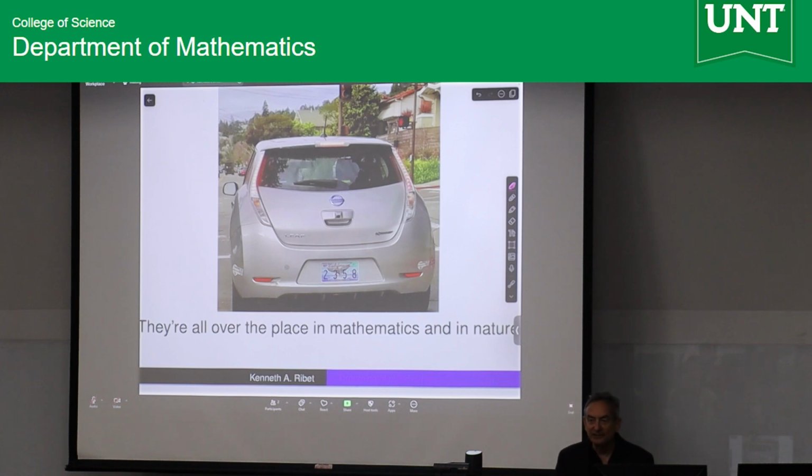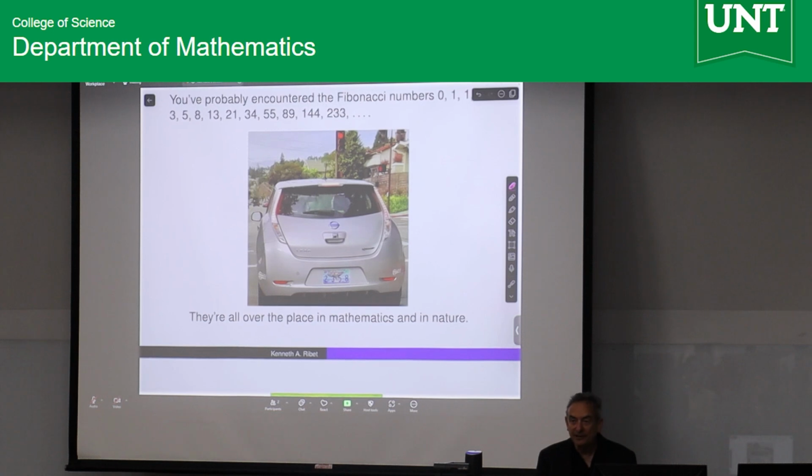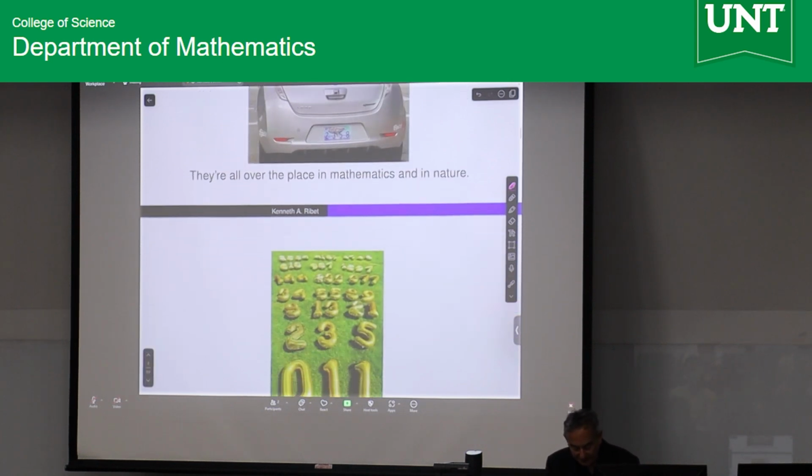There's a Fibonacci car, a Nissan Leaf, with a license plate 2358, and I see it quite often north of the university, and I've never stopped the owner to ask what the owner does. Is he only in mathematics or not? But it's really a great thing that I show students when I lecture on Fibonacci numbers.